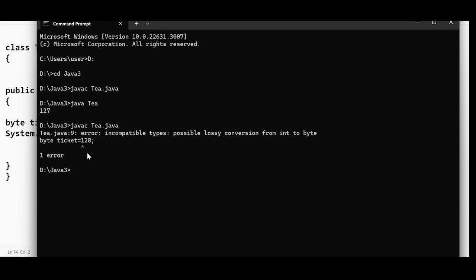It is saying, hey, you are making some mistake. So what mistake are we making? It says that in line number 9 there is an error: incompatible types, possibly lossy conversion from int to byte. We are not sure what this lossy conversion into byte is. This is the compiler informing the developer that some error is there in line number 9.